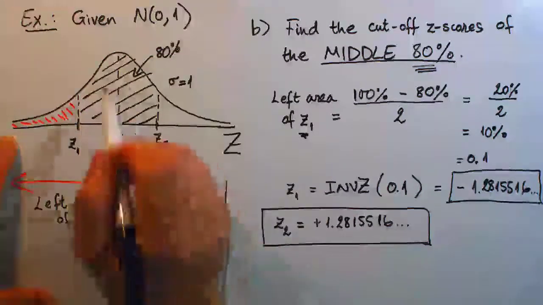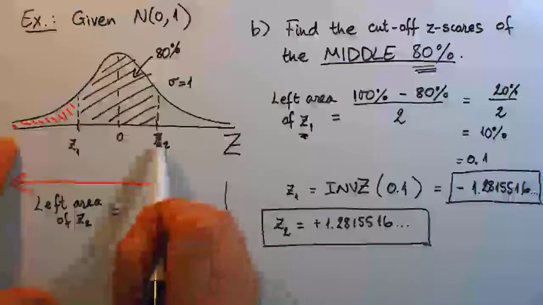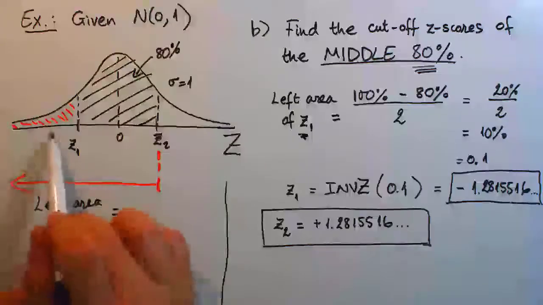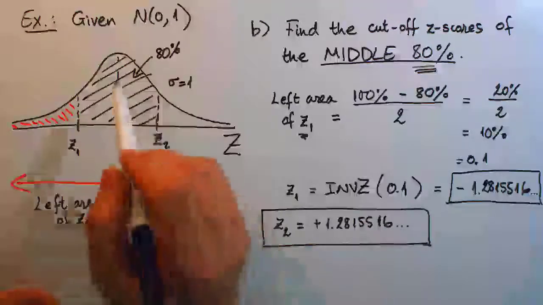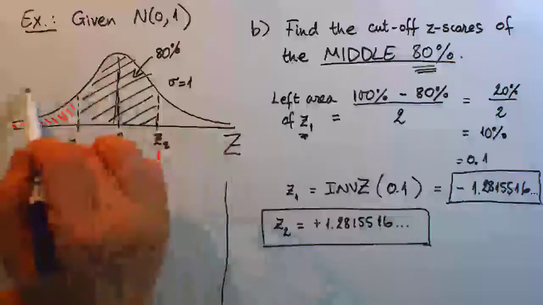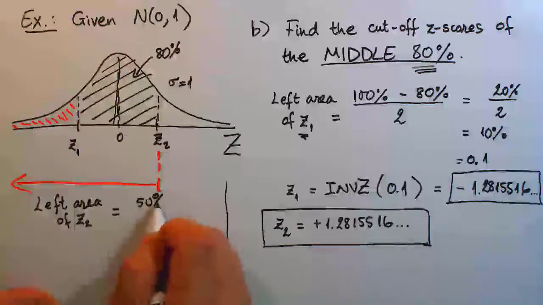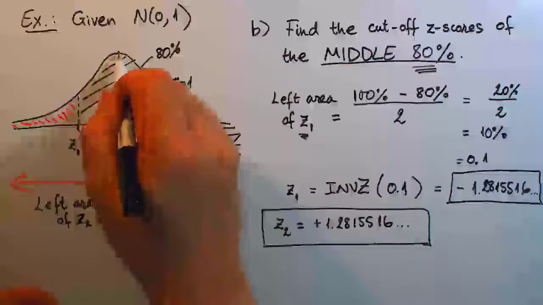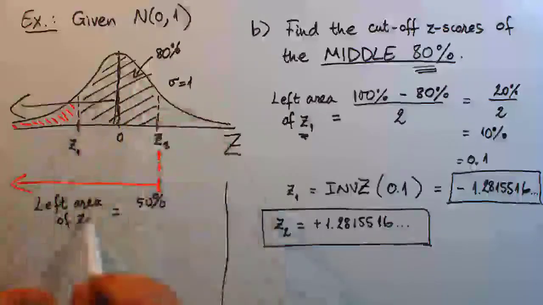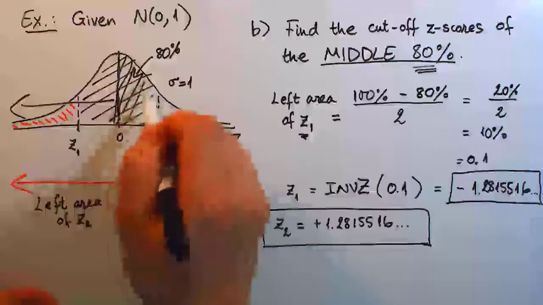Think about it, in case we're starting out with Z2 independently, without finding out where Z1 is yet, think about where this curve's center is. All that area to the left is already 50%. But now the total accumulated area to the left of Z2 has to include this much area here.